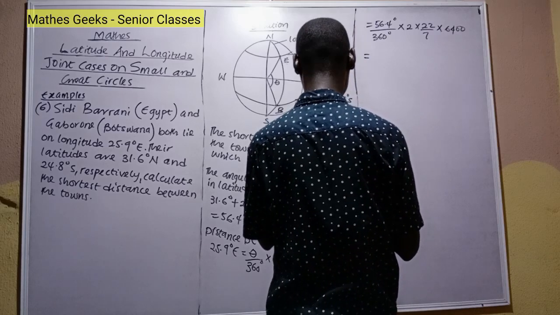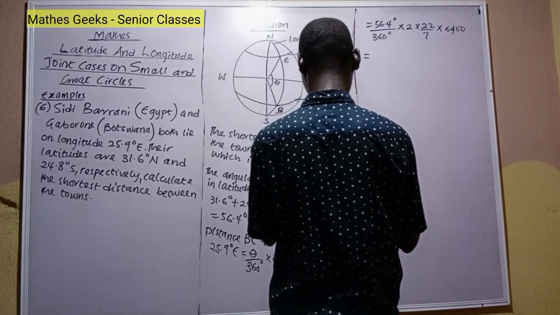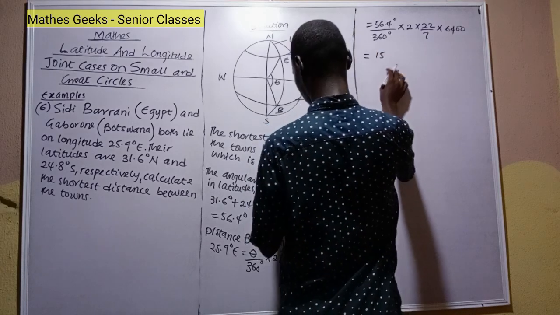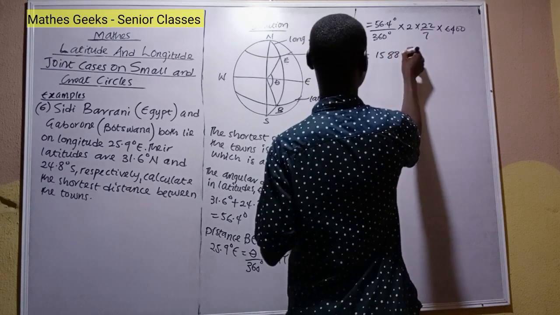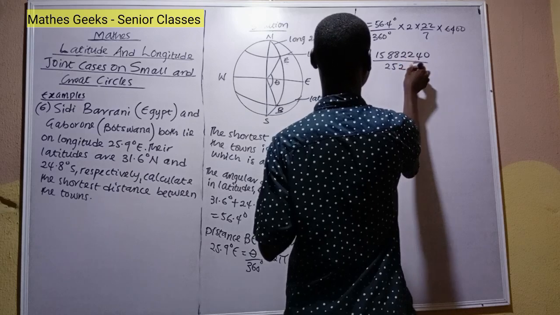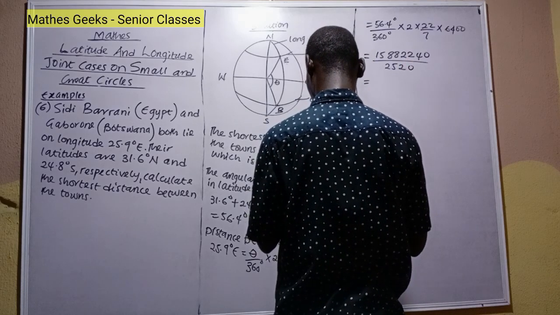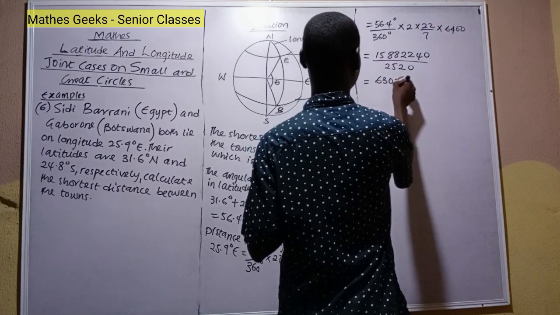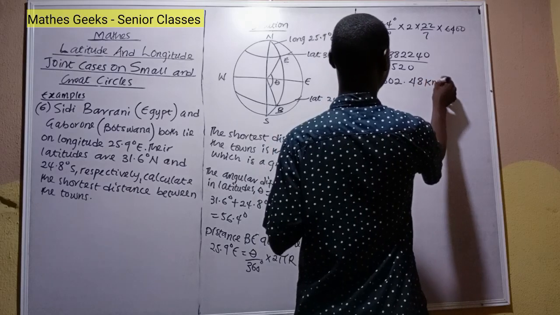56.4 times 2 times 22 times 6,400, which is 882240 divided by 2520, is 6302.48 kilometers.